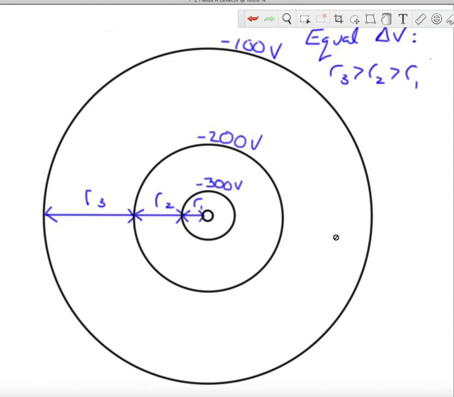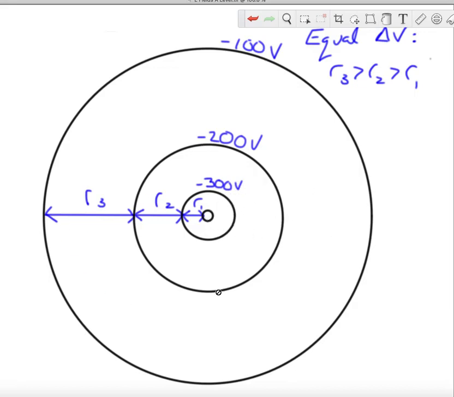Very similar diagram. Equal changes in potential. R3 bigger than R2, bigger than R1. And again, I should have assigned this to be minus 400 here. Minus 4, minus 3, minus 2, minus 1. Okay.